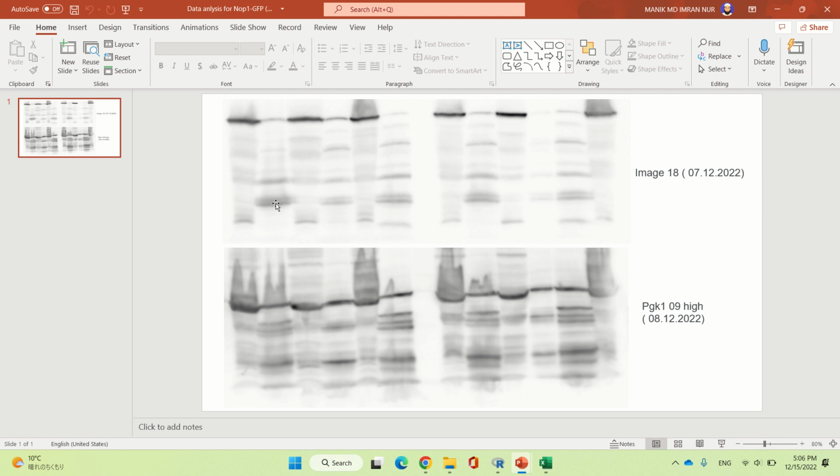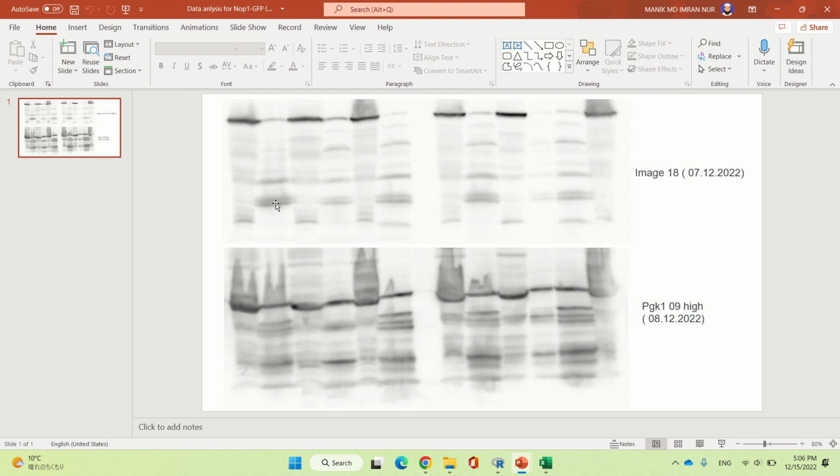When the NOP1 is degraded, GFP becomes free. If NOP1 is degraded more, there will be more free GFP. If NOP1 is degraded less, there will be less free GFP. So NOP1 degradation is indicated by the amount of free GFP. So there is no need to calculate the PGK.